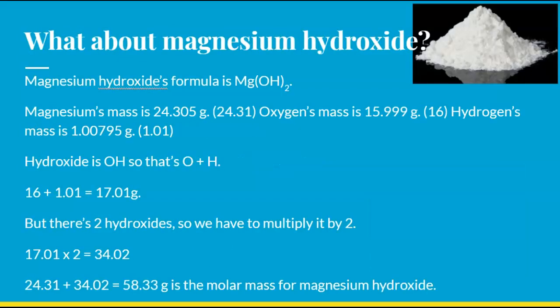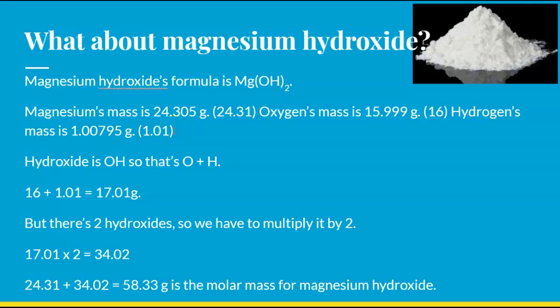What if we've got something like magnesium hydroxide? Hydroxide is a polyatomic ion, OH, and for magnesium, which is +2, and OH is -1, you need 2 of them. So here's my formula, Mg(OH)2. Magnesium's mass rounded is 24.31, oxygen's mass rounded is 16, because 15.999 would round to 16, and hydrogen's mass rounds to 1.01.